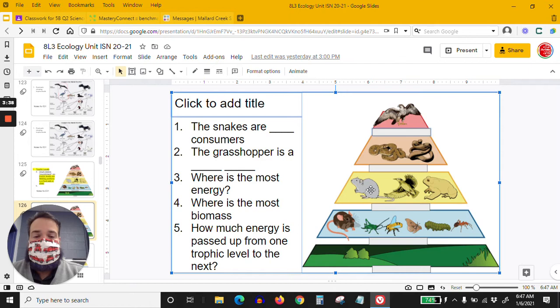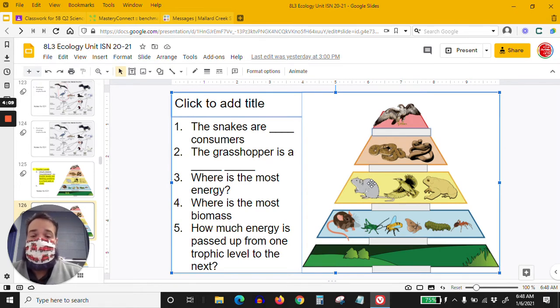Now, let's say this rat up here eats the grasshopper. Well, the rat also has to maintain its body temperature. It has to digest the grasshopper, catch the grasshopper, and avoid predators. It loses energy as body heat. So the rat is only going to get 10% of the grasshopper's energy profit.